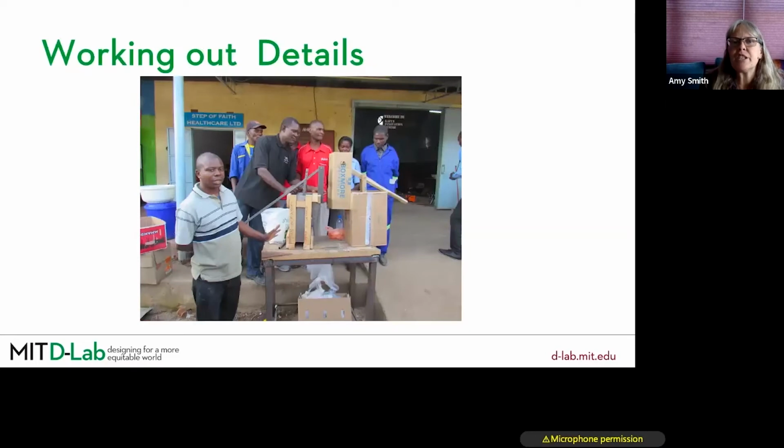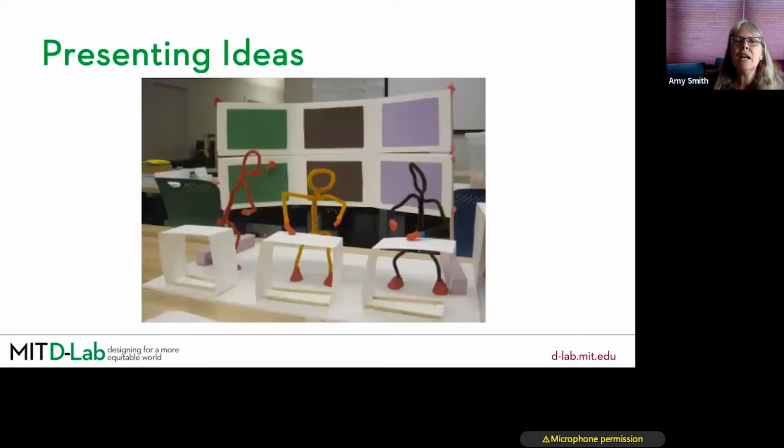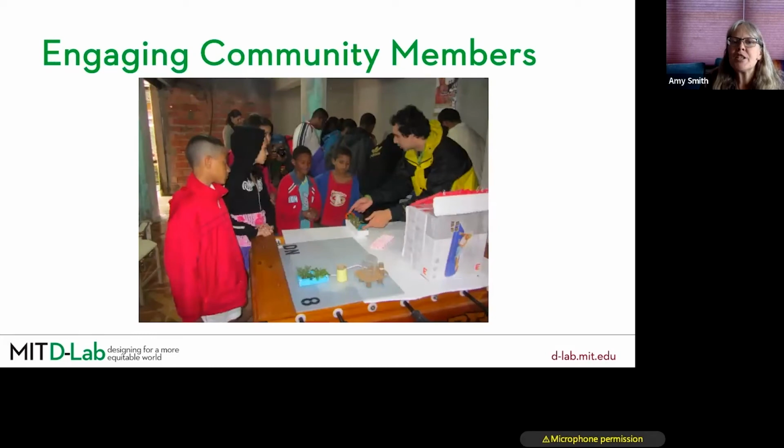This is a sketch model that works out the details of a design, so something can be made simply in cardboard before using more expensive materials such as wood or metal. Sketch models can be used to present ideas. So this was an idea for how shipping containers could be used to make a community workstation and worker space. Sketch modeling is a great way to engage community members.